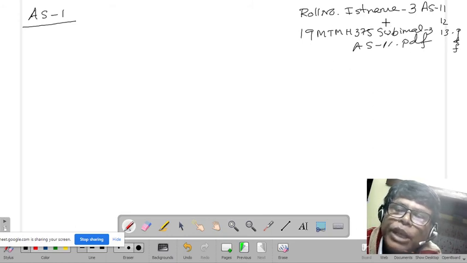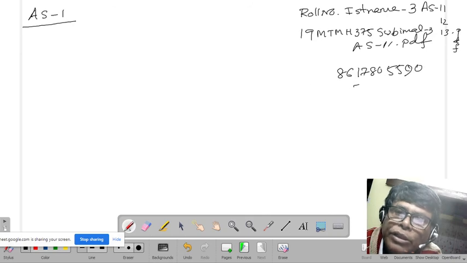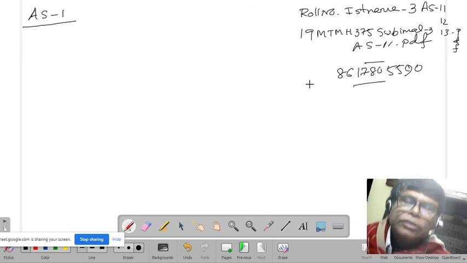So this will be the name of your assignment, and the second one is the same like this. Save it in PDF format and then send it to my WhatsApp number 8617805590.